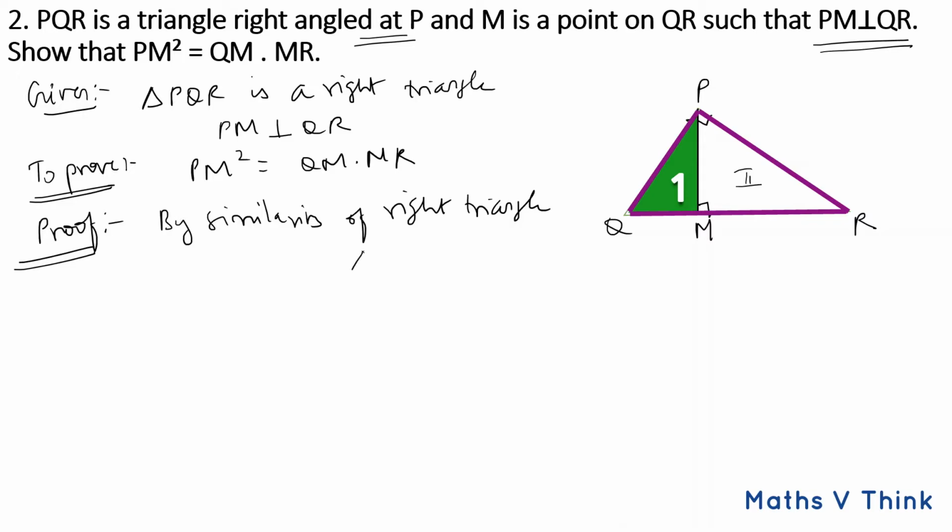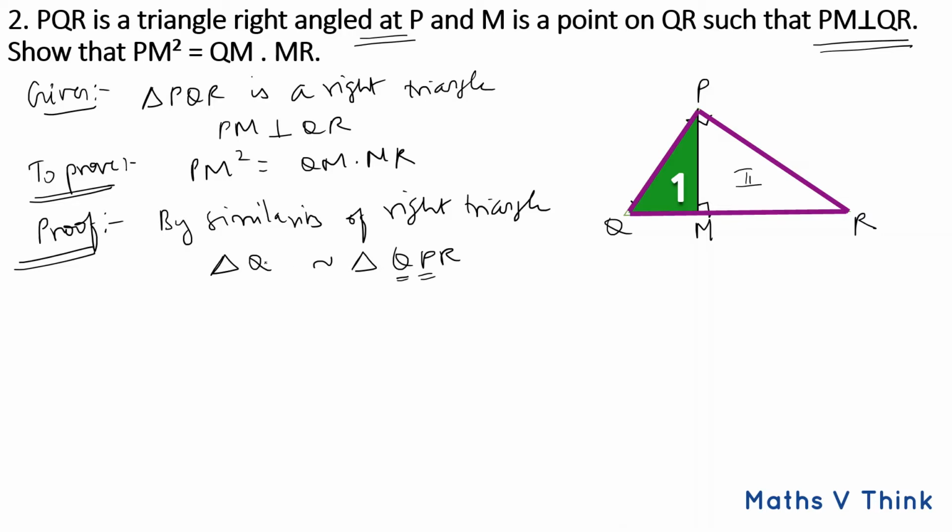So first write the whole triangle, that is triangle QPR is similar to triangle. When you compare the first and the whole triangle, angle Q is common. So in place of Q, write Q. Same way, in the whole triangle, angle P is 90 degree, and in the first triangle, angle M is 90 degree.